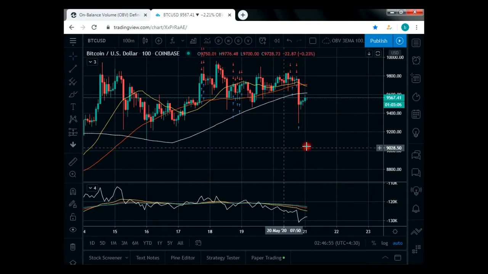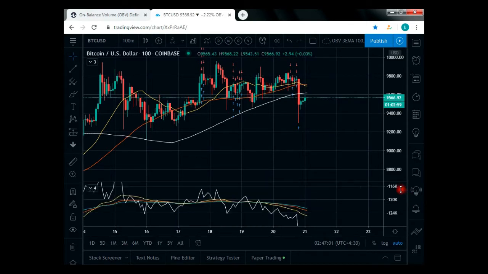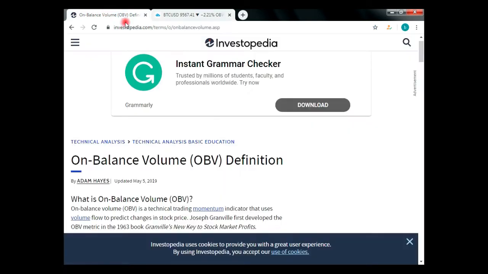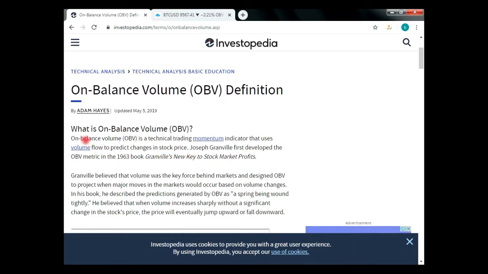exchange chart, and you want to use On Balance Volume on this matter of time. Okay, let's just begin with what we call On Balance Volume. Let me give a short brief on the On Balance Volume definition by investopedia.com.